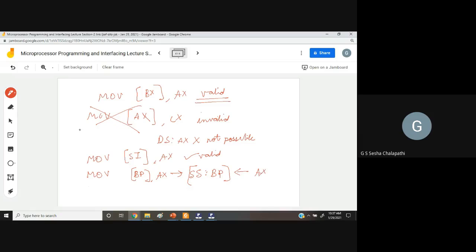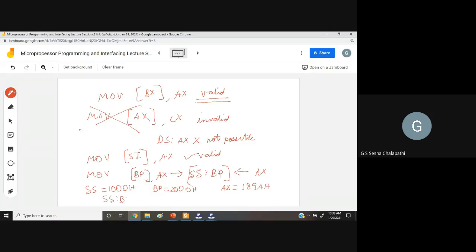Let us say that SS is 1000H, BP is 2000H, and the AX value is, let us say, 189AH. So I will combine SS:BP.